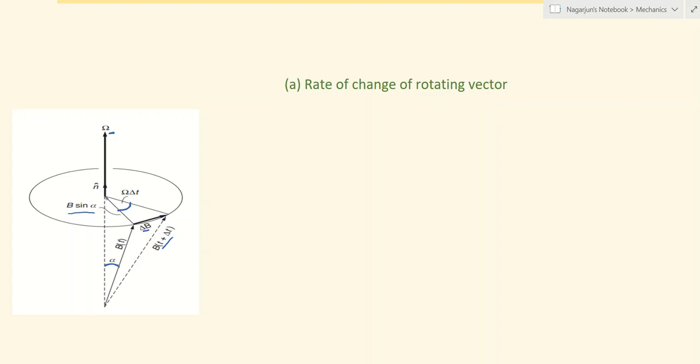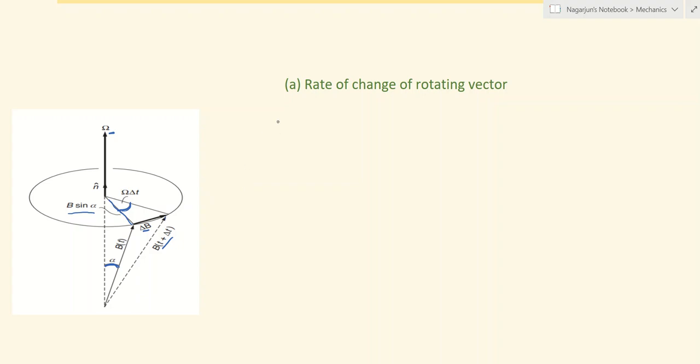Assuming this angle as alpha, this distance is b sine alpha. In delta t seconds, the angular displacement traced is omega delta t.